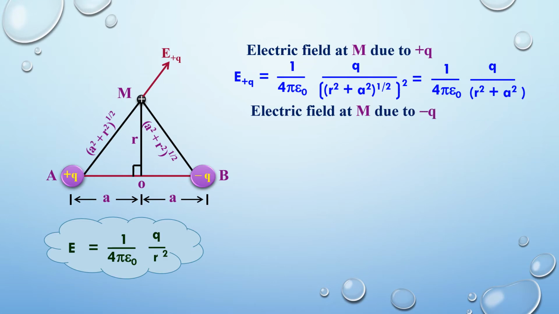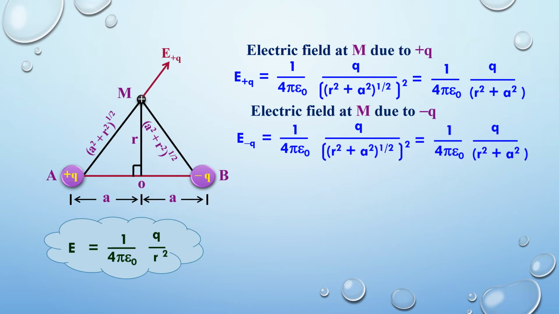Now the electric field at M due to the negative charge is E equal to 1 upon 4 pi epsilon naught q upon the distance MB, which is (r squared plus a squared raised to 1 by 2) the whole square, which is 1 upon 4 pi epsilon naught q upon (r squared plus a squared), which is directed towards the negative charge.